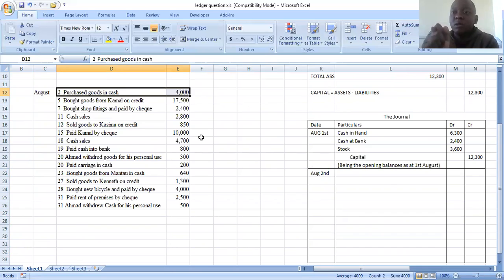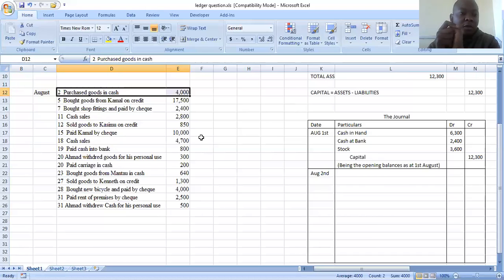The first question is, which 2 accounts have been affected? Two, what type of accounts are they? And 3, which account is to be debited and which account is to be credited?